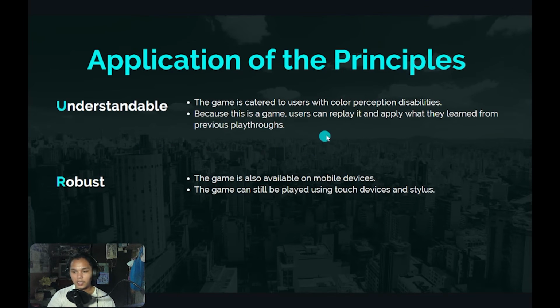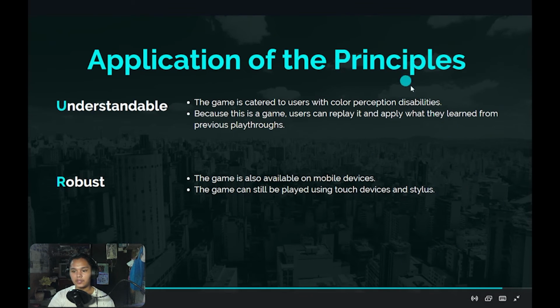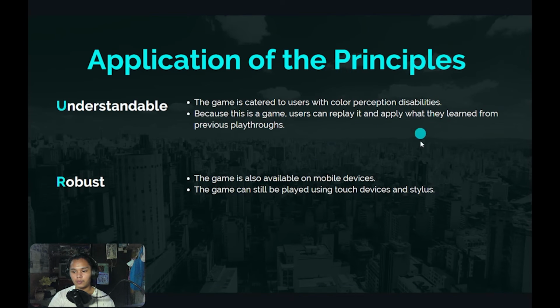And because this is a game, users can replay it and apply what they learned from previous playthroughs. On your first try of this game, it's not really that you get the high score every time, as you will try to move around and try to find the colors that are being shown.